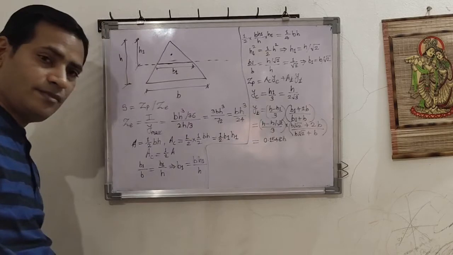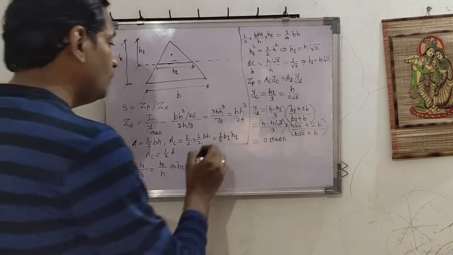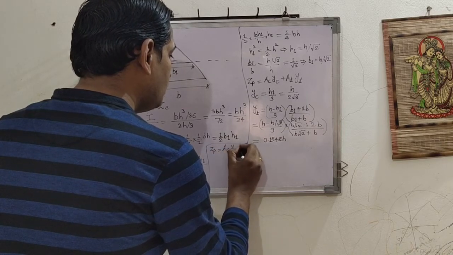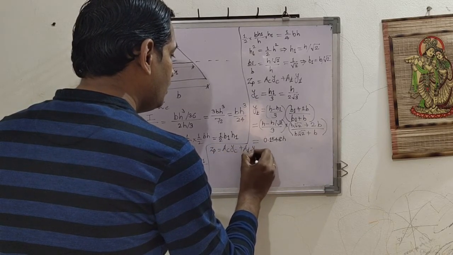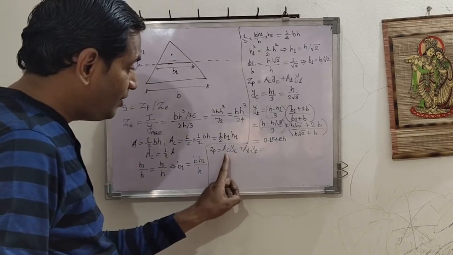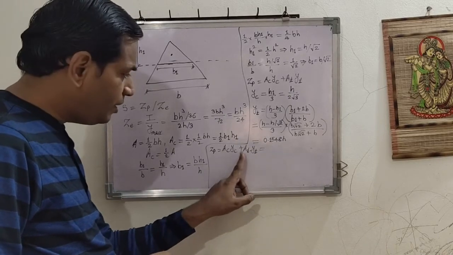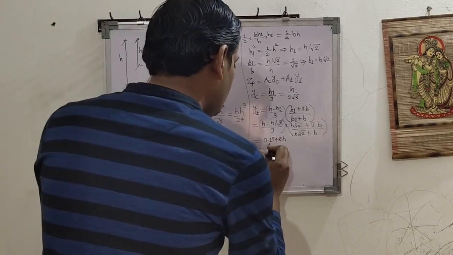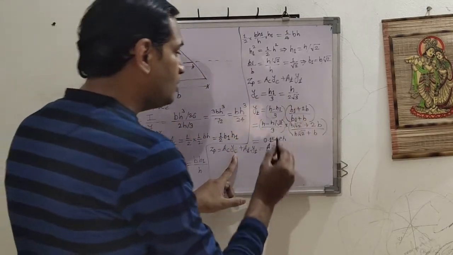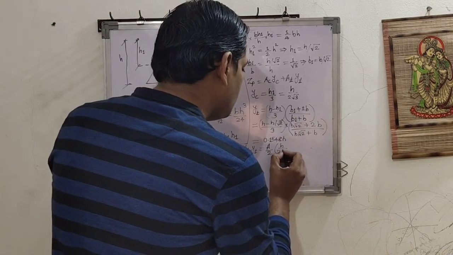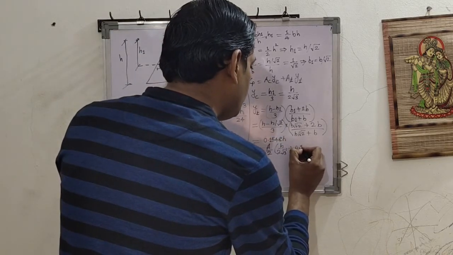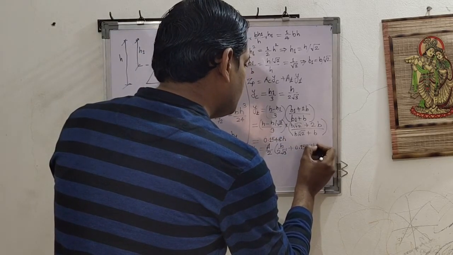Now we need ZP. So what is ZP? AC into YC plus AT into YT. What is AC? A by 2, which is common because here we are going to write A by 2, here also A by 2. So A by 2 into, what is YC? h upon 2 root 3 plus YT is 0.1548 h.